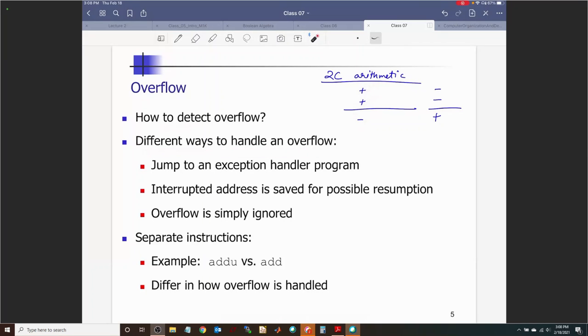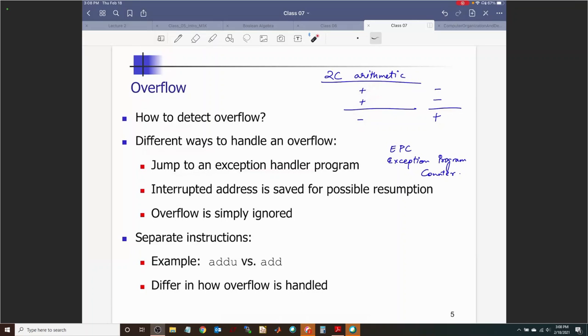a very common way to handle an overflow is to jump to an exception handler program. So there is an exception program counter, EPC, that can be used to jump from any instruction while you are executing that instruction. Suppose you have an overflow.